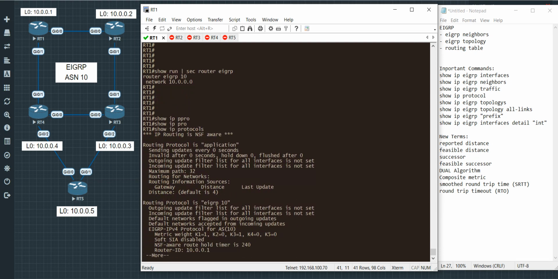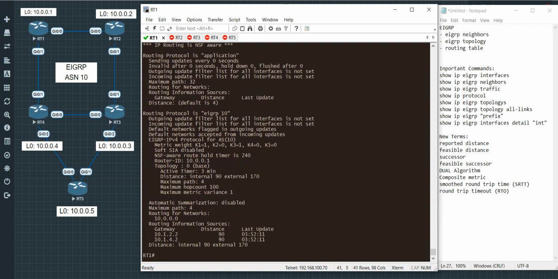When you run this command on any router, it will give you a list of all the routing processes that are running in the router. In our lab, we're only going to be focusing on EIGRP, so we only have EIGRP 10 configured. This is a very helpful command because it gives you a lot of the default values and a lot of the settings that are configured.